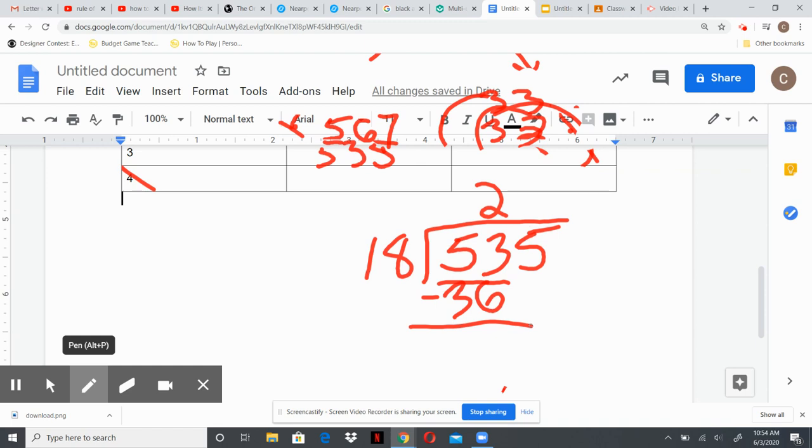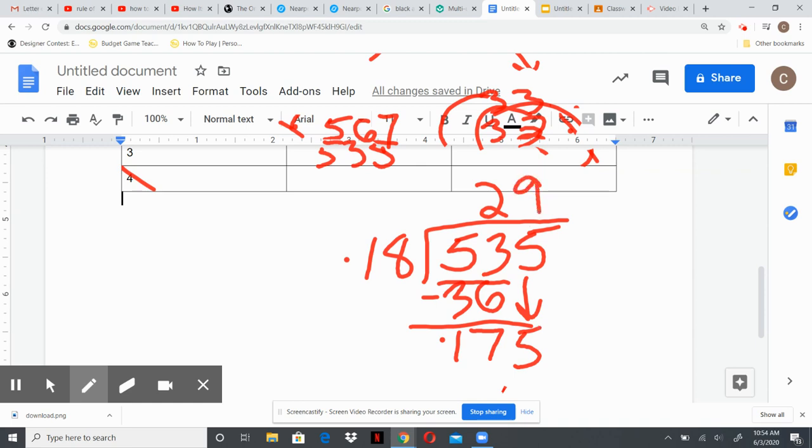Well, when we subtract that, 53 minus 36, it gives us 17, which is fine because as long as this number is less than your divisor, it's okay. Now we're going to bring down this 5 and we're left with a big number. 175 divided by 18. Well, I know that 180 divided by 18 is 10, so it must be 9.